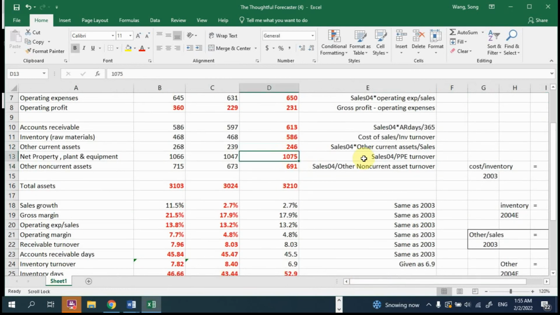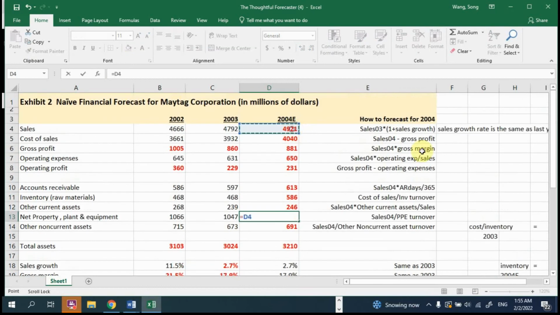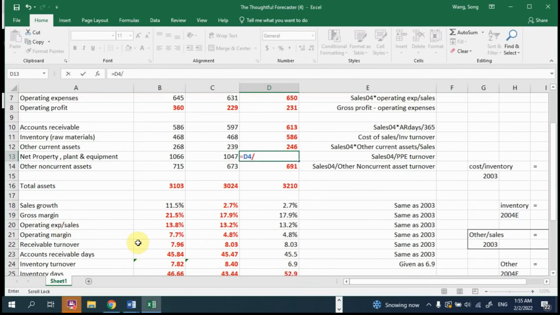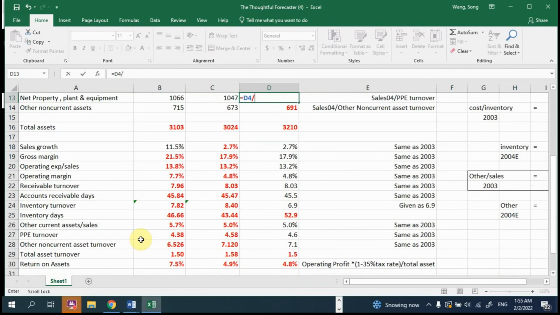For the net property, plant, and equipment, or PPE, we should use sales in this year divided by the PPE turnover ratio. We have a PPE turnover of 4.6 given by the textbook.